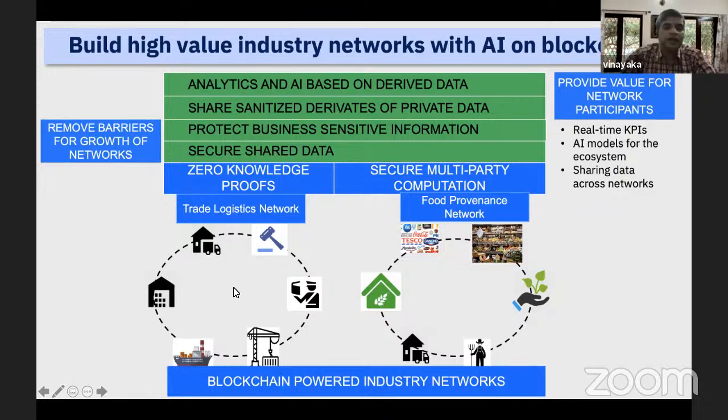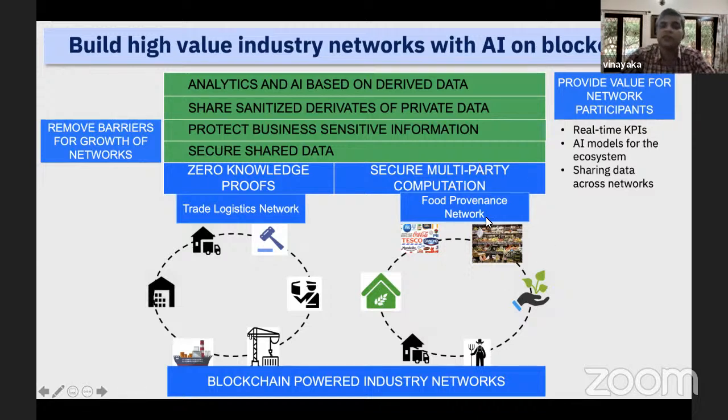You might have a network bringing together a lot of companies involved in trade logistics: shipment, customs authorities, regulatory authorities, port authorities, land transportation, and depots. They bring all these players on a network to give you information about where goods are, what the state of goods is, and so on.